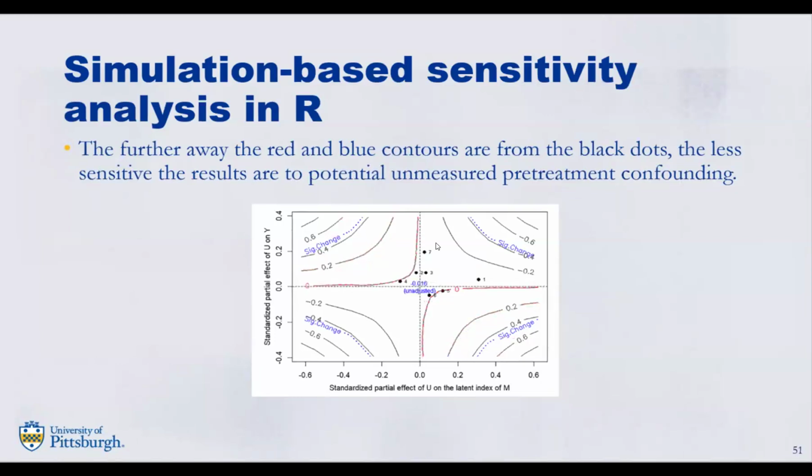So originally we concluded that the significance is robust, but because the red lines are so close to the black dots, the sign is not robust, it's sensitive to unmeasured confounding. But if in this case the red contours are further away from the observed covariates, then the sign would be more robust.